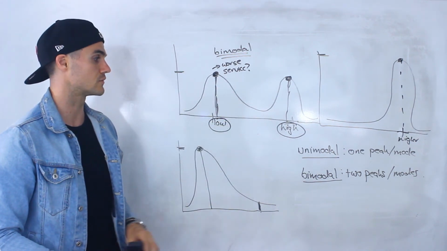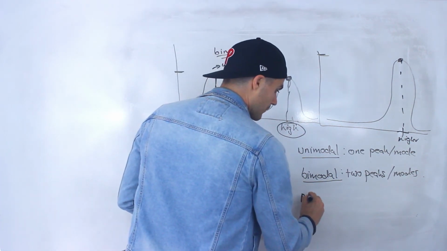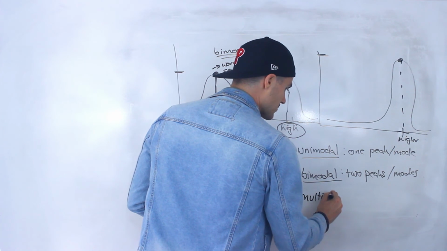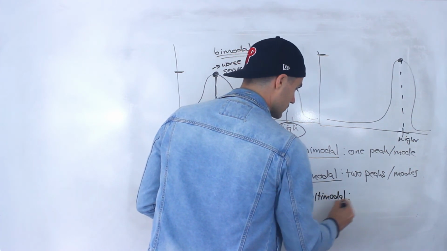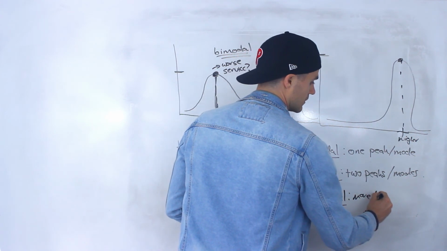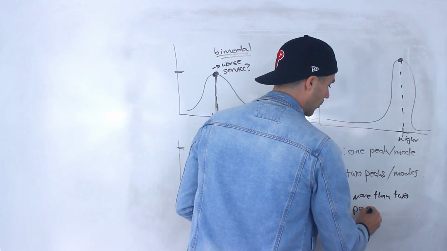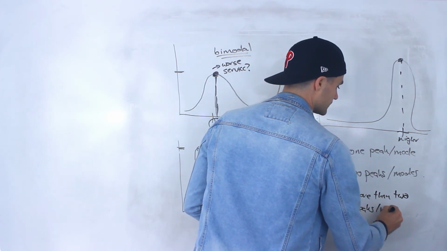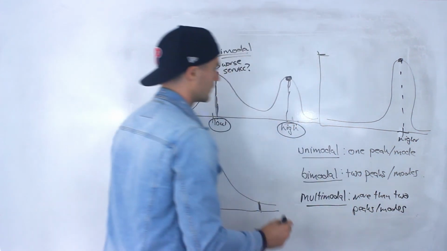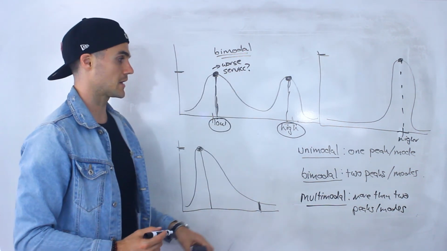And then you can also have, you probably won't run into these, but you could also have multimodal distributions, and that's basically if there's more than two peaks, or more than two modes. So there would be more than two of these kinds of spikes.